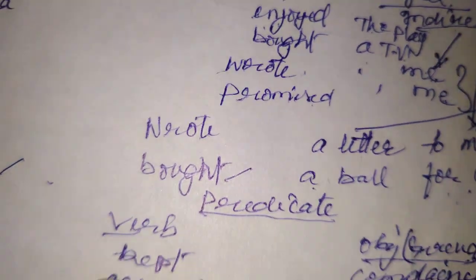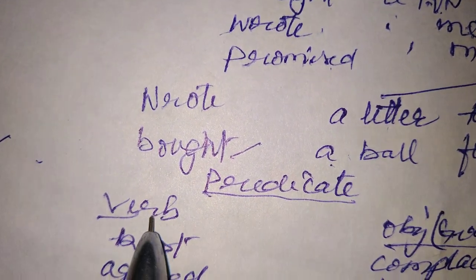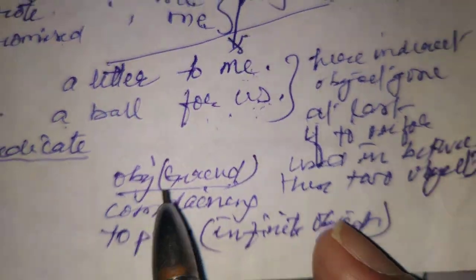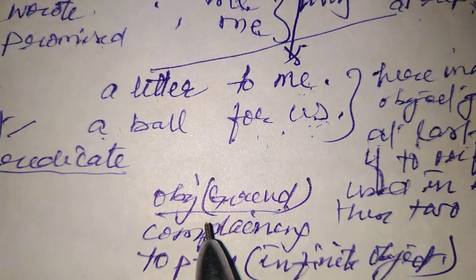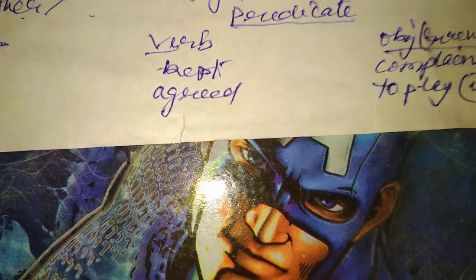Further examples. Subject, verb, the predicate part. Verb, gerund as an object. Okay, he kept complaining.